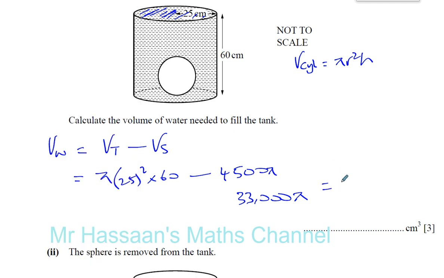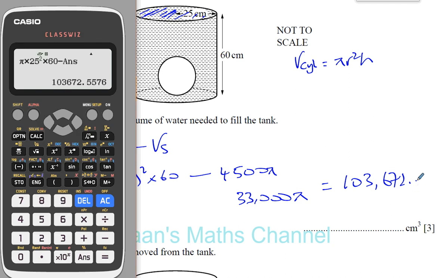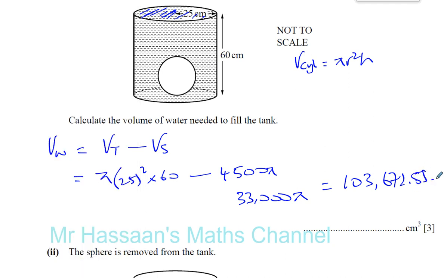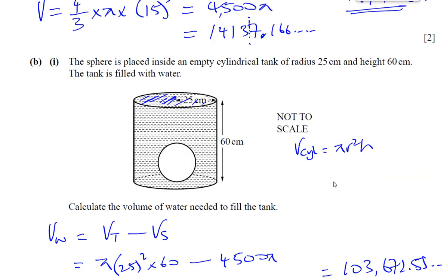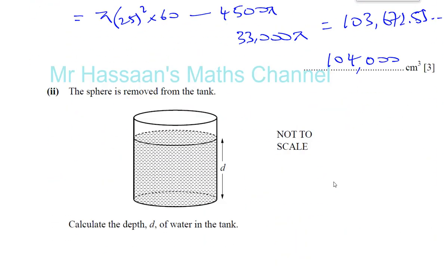I'll write it down as it says 103,672.55... So it's 104, and then you've got 3 zeros. 104,000 centimeters cubed, and that is the answer to part B part 1.